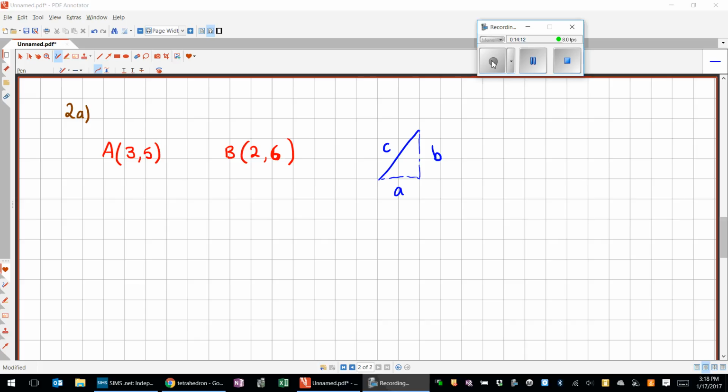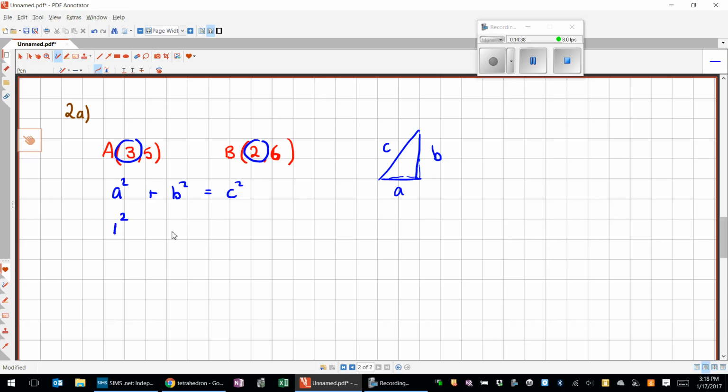So I put A as my change in x and B as my change in y. Therefore, if I'm doing a squared plus b squared is c squared, c is what I want to find. My change in x, 3 to 2, 2 to 3 doesn't matter, so it's just 1 squared.